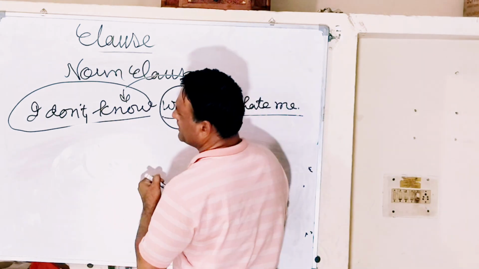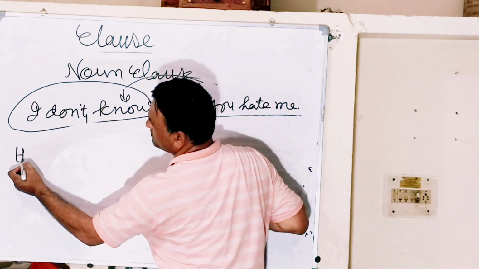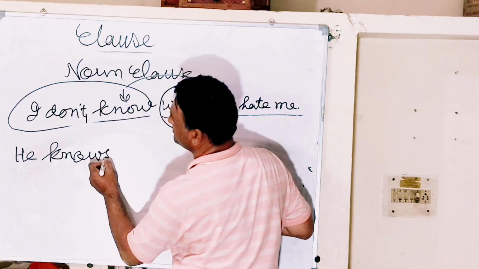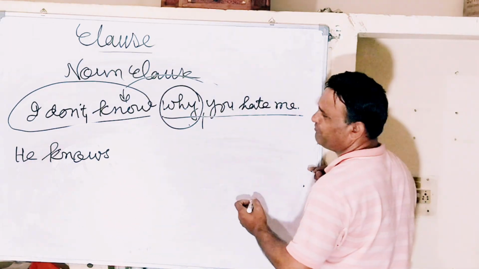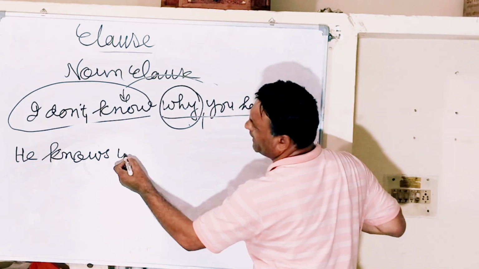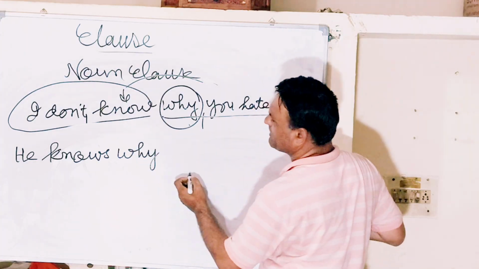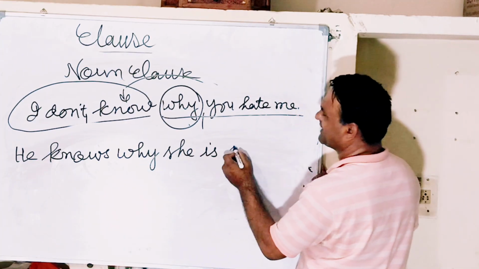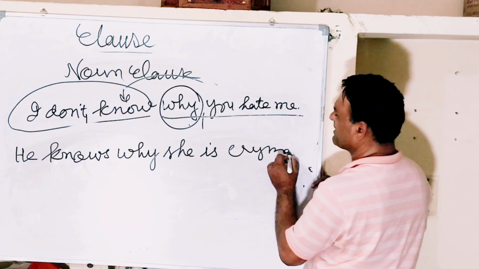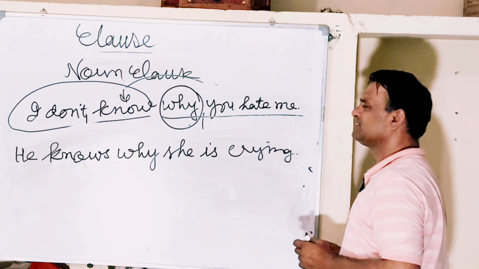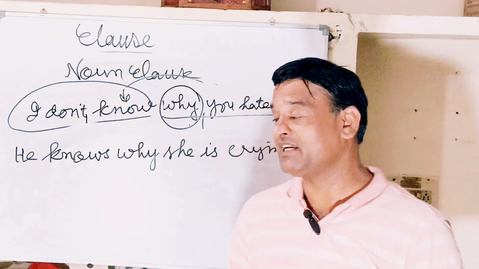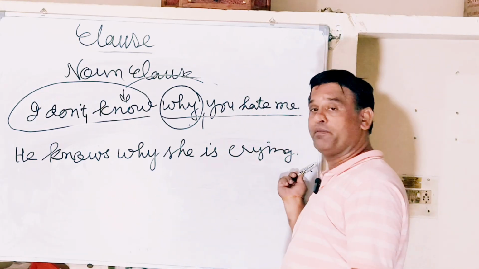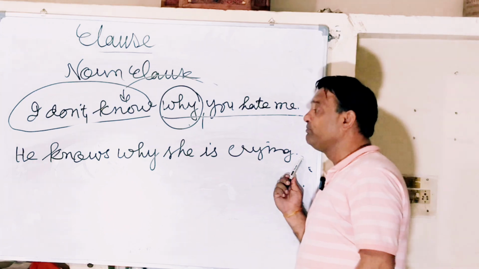ठीक है ना. Like he knows why she is crying. See, he knows why she is crying. वह जानता है कि वह क्यों रो रही है. So here full stop.